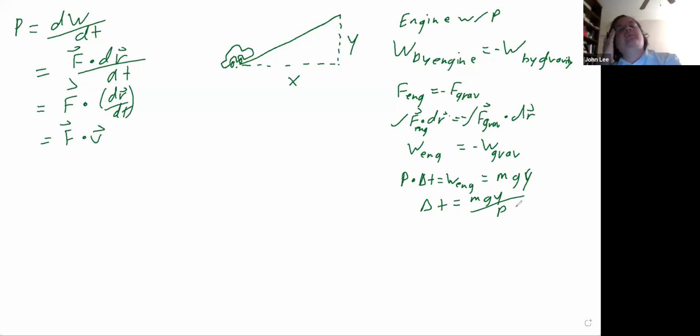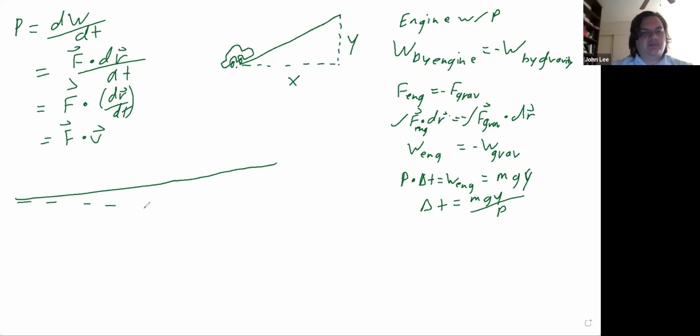If the angle is really shallow, and you're going the same distance y versus an angle which is less shallow, then you're just going to be going faster up this hill and travel a higher distance, but you're still outputting the same power.